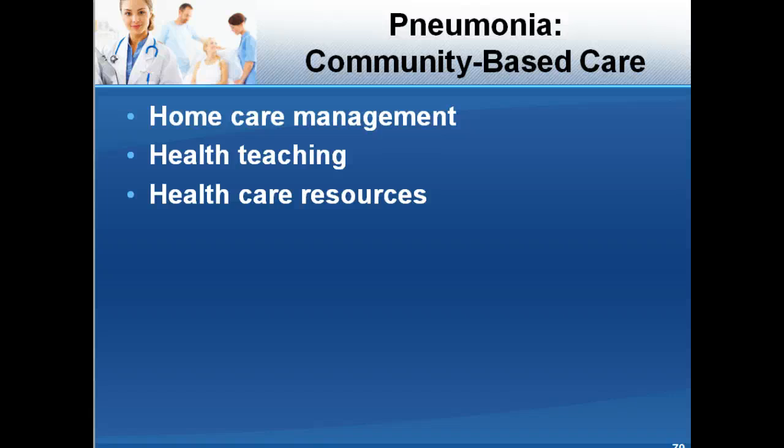Things like if you smoke, if you don't smoke. Eat a healthy diet. Get plenty of rest. Take the vaccines for the flu, and if you're over 65, make sure you take the pneumovax every 5 years, or if you have pre-existing diseases, make sure that you do the pneumovax.